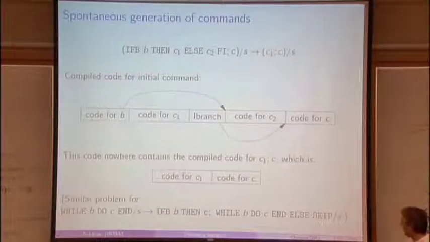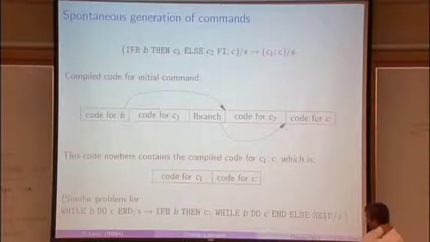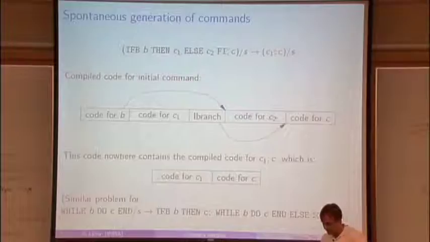And this code nowhere contains a compiled code for the right-hand side, C1 followed by C, which is just code for C1, immediately followed by code for C2. Okay, you can't find it here. And the same goes for the unrolling rule for while. So this I wrote in my original code, so it can be found in the compiled code, but this I never wrote in my original code. So how are we going to find it in the compiled code, to find an equivalent state in the compiled code?